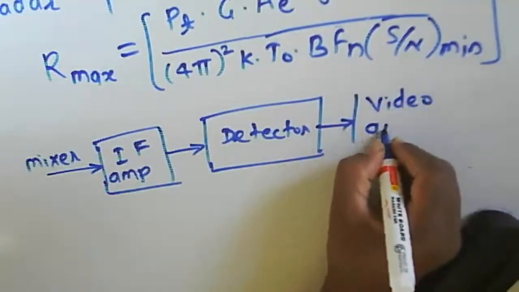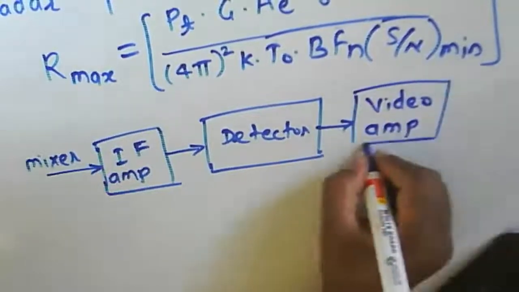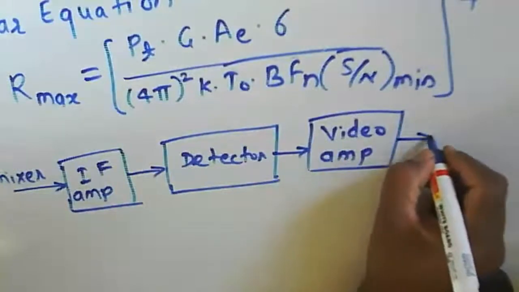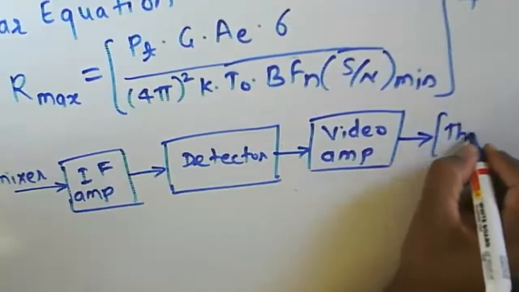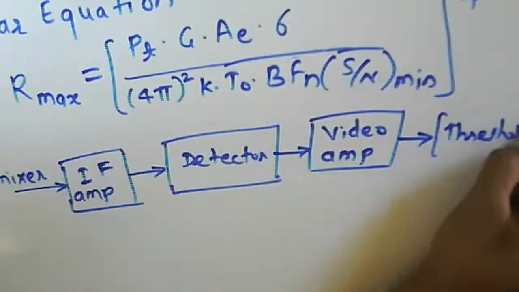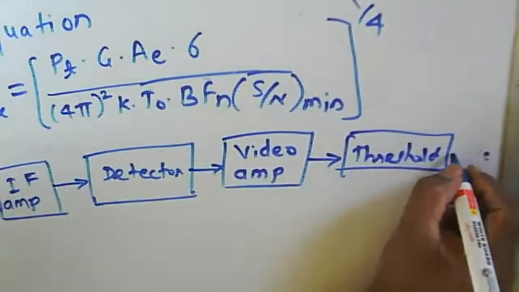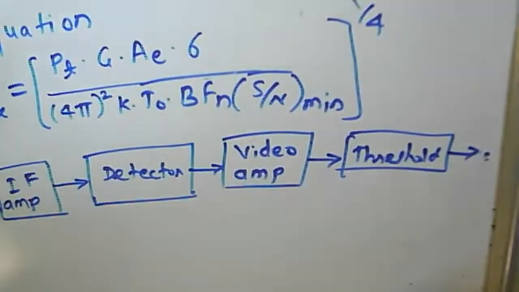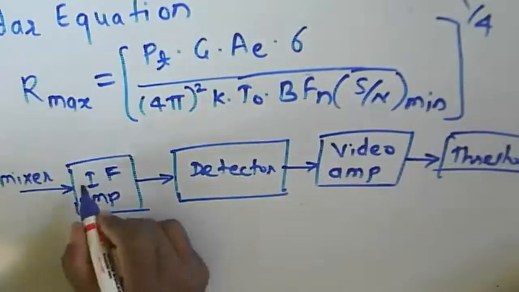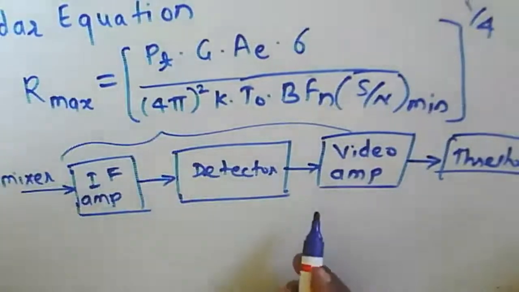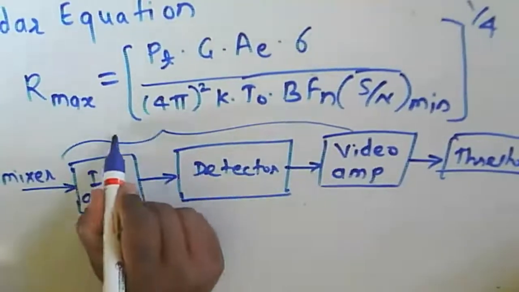We explained the radar block diagram earlier. After the video amplifier the signal goes to the threshold, and your signal is detected there. These three blocks belong to the envelope detector.